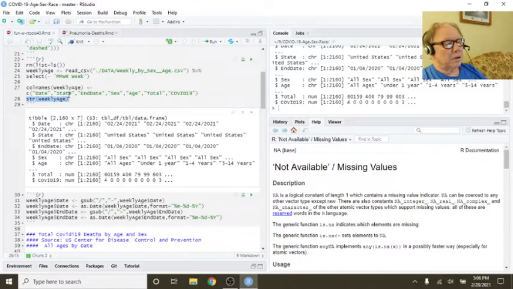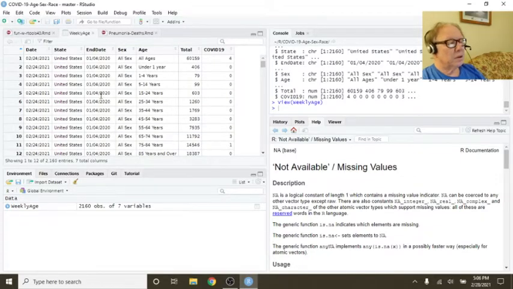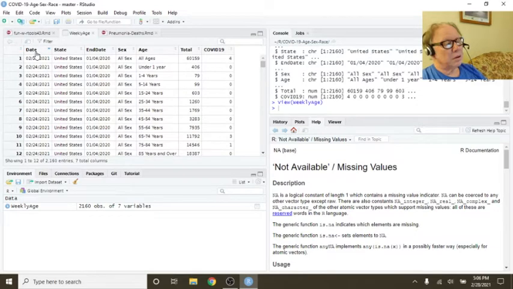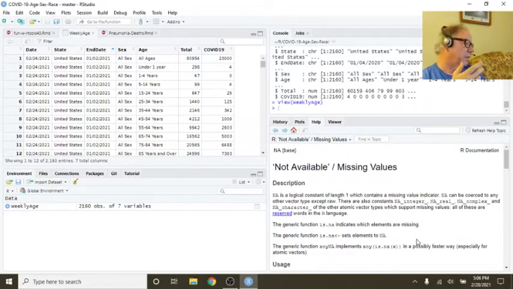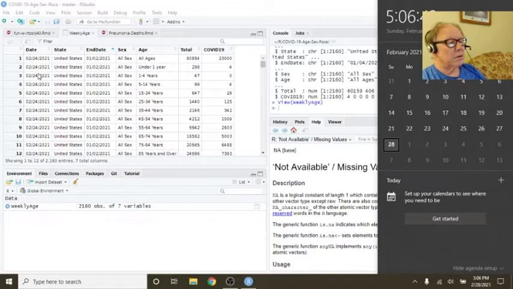So let's take a look at weekly age. Right, so this would be the end date of the data, right?